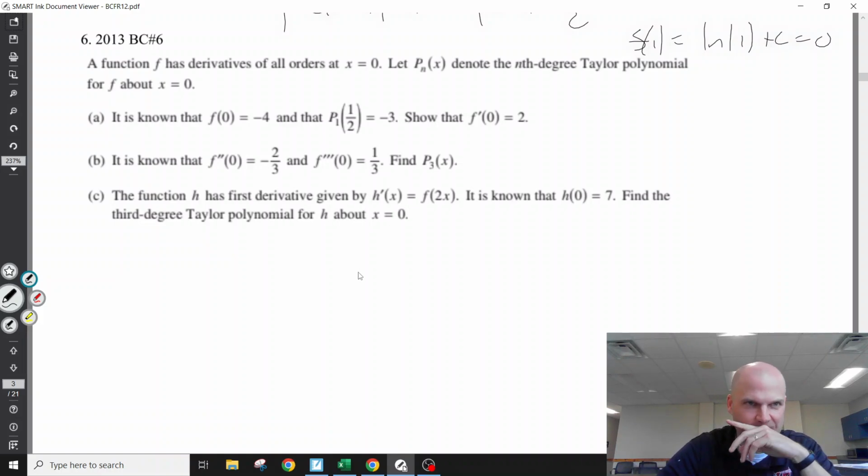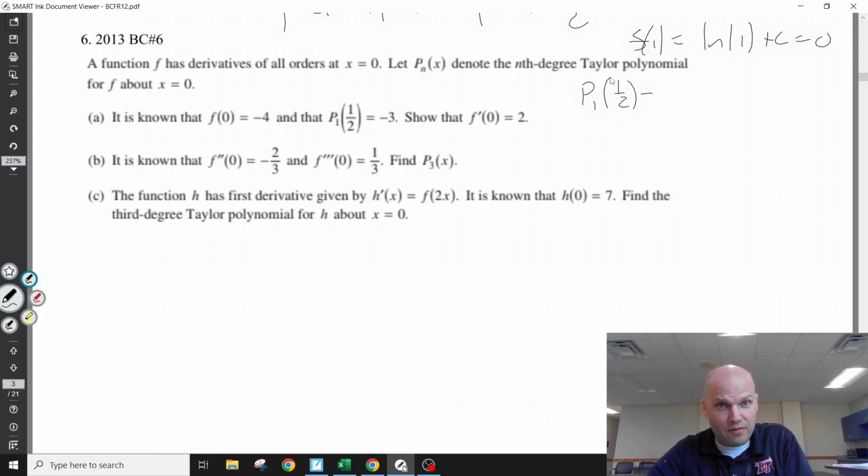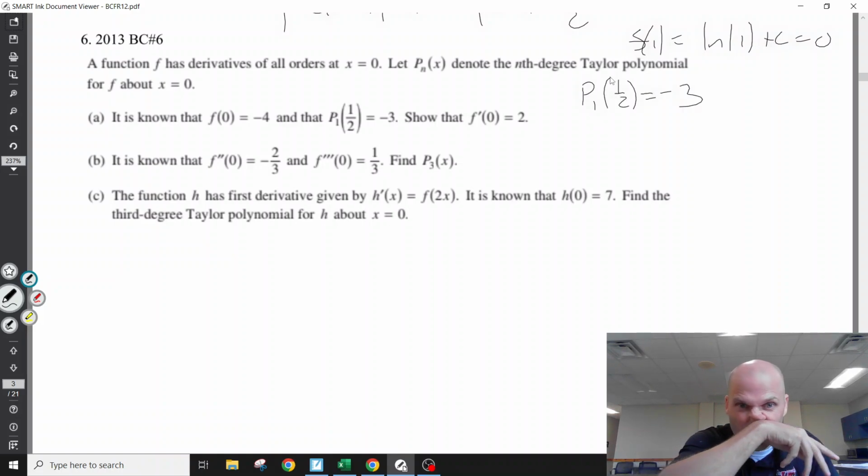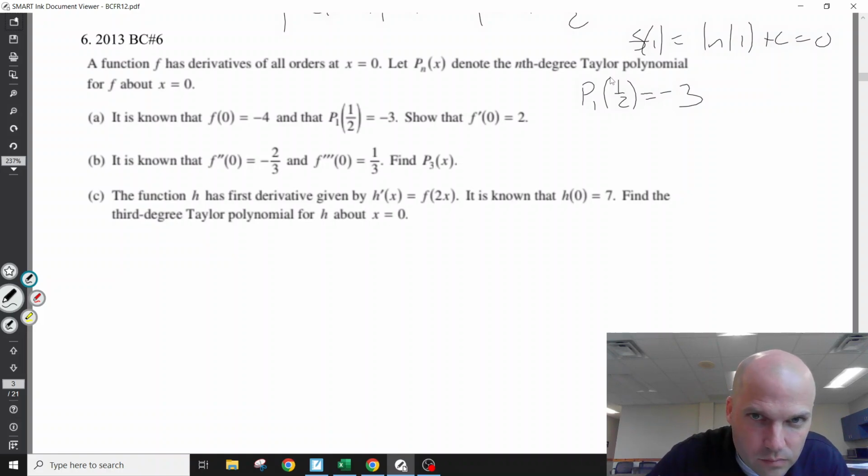All right, number 6, 2013 BC, number 6. Nth degree Taylor polynomial. This is tricky. They're saying my first degree Taylor polynomial, when I plug in a half, equals negative 3. I don't think I've done this problem. Okay.